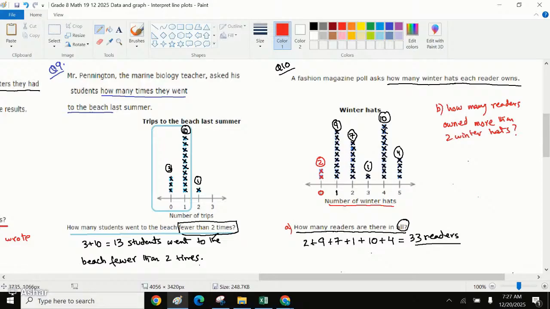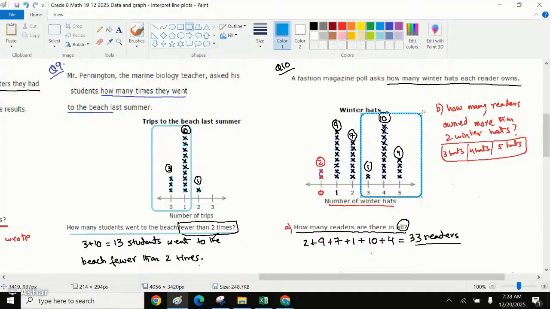So more than two means they could have three hats, or four hats, or five hats. Let's look at these values. What are the values over here? More than two means it could be three, it could be four, or it could be five, right?